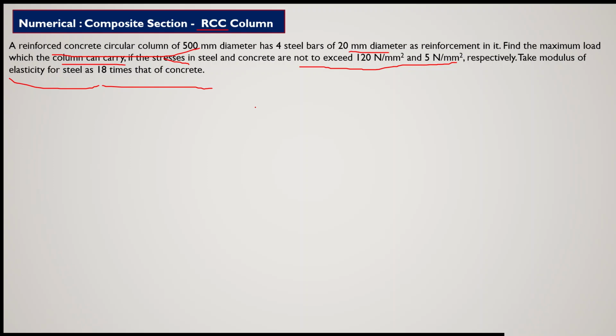So first of all, we have to find out, suppose steel is reaching its maximum stress of 120 Newton per mm square, what will be the stress in the concrete? Because to keep this circular column safe, both concrete as well as steel should remain safe. If one material fails, then the whole column will fail.